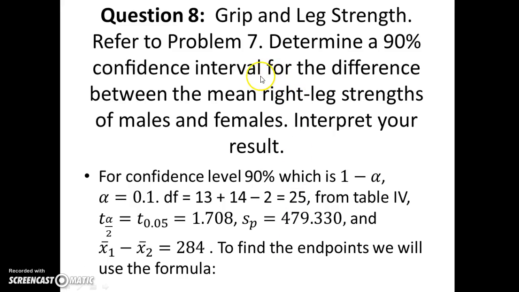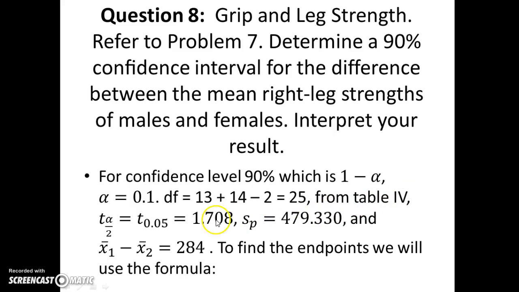Same question, but this time you will determine a 90% confidence interval for the difference between the mean right leg strength of males and females. If the confidence level is 90%, alpha is going to be 0.1, and df is going to be 25: add the sample sizes and subtract 2.